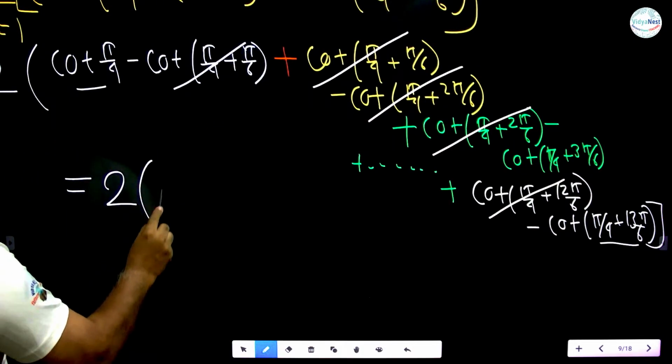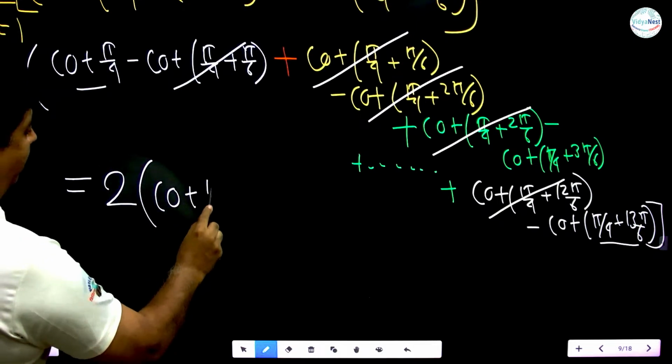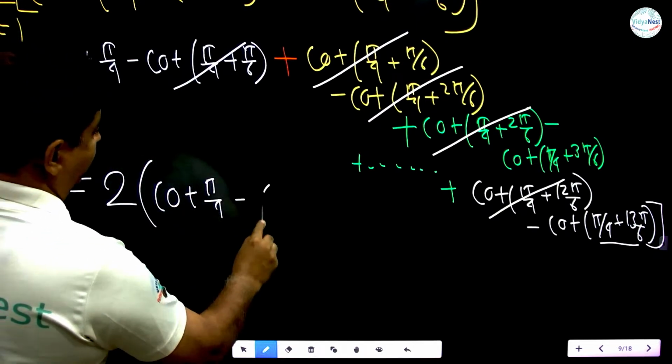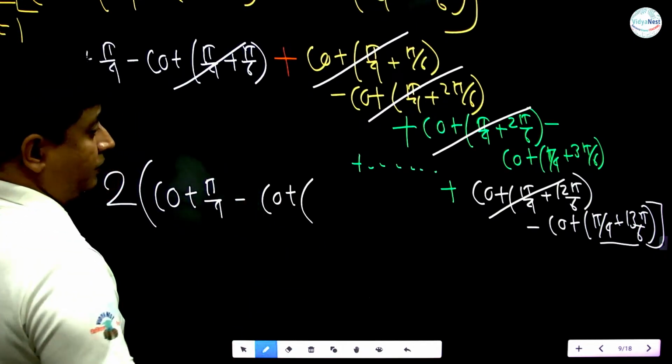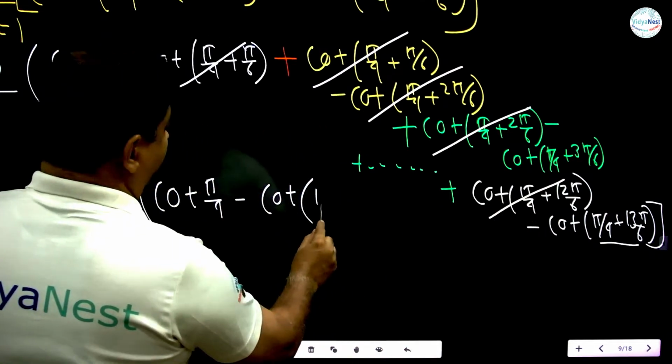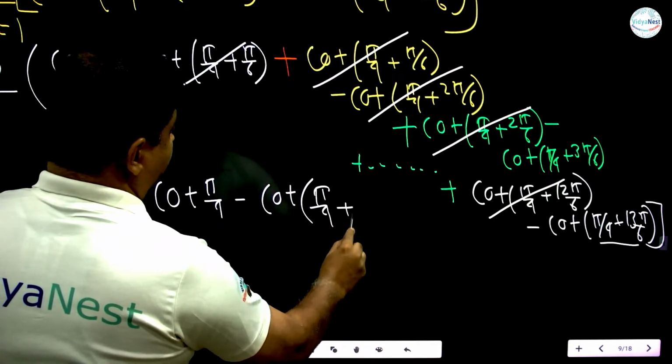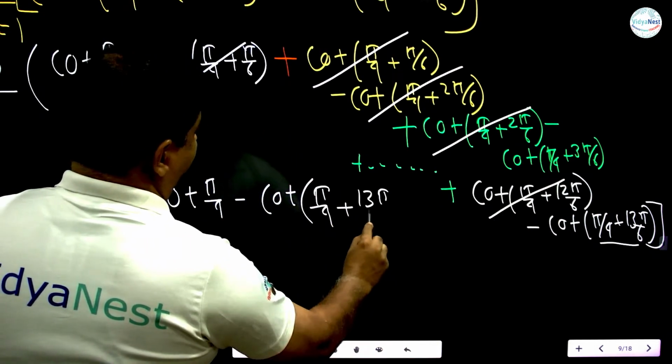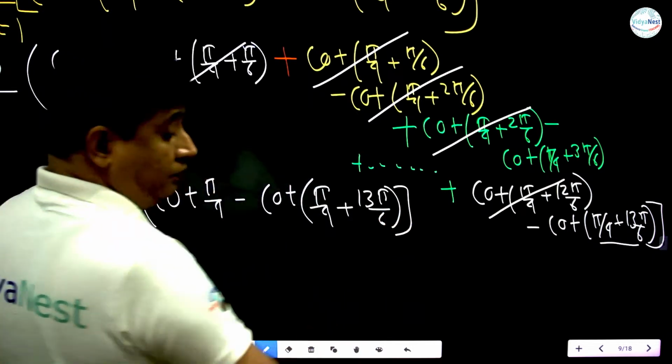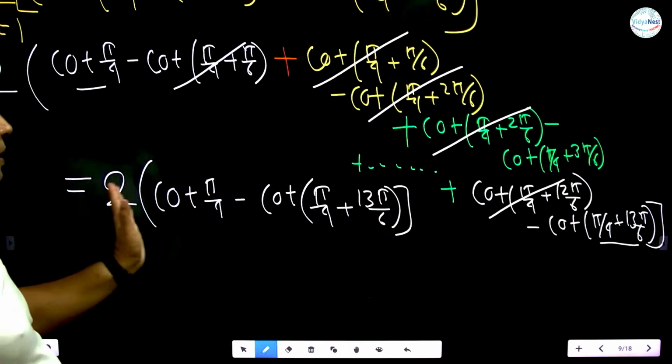Twice, cot pi by 4 minus cot (pi by 4 plus 13 pi by 6). So it has become a simple expression.